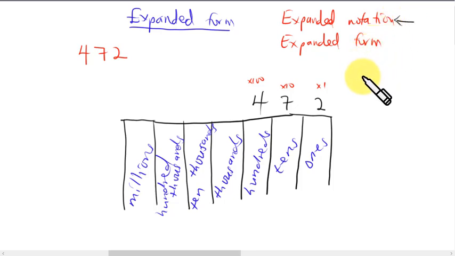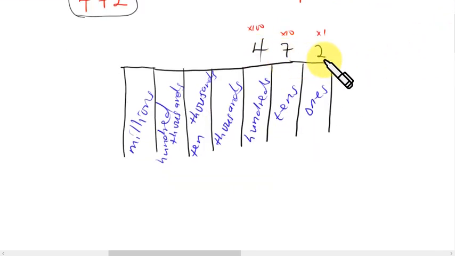So when we say expanded form or notation, it gives us the opportunity to write a number by expressing or showing the place value of the digits that form the number without necessarily using the place value chart. Now, if you take the number 472, because 4 is at the hundreds place value, we say 4 times 100.